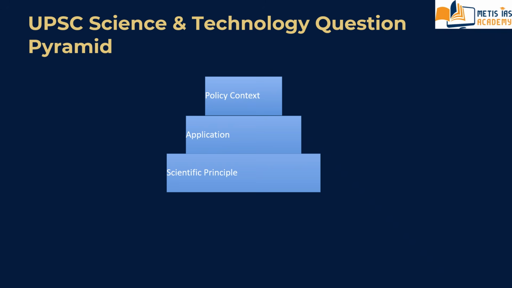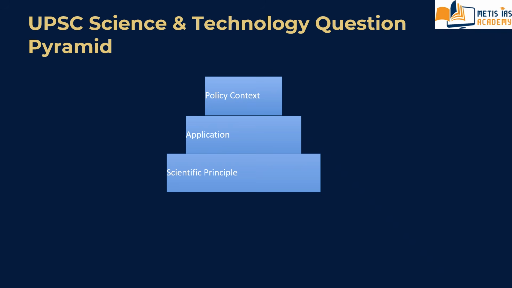Then the second one, application. For example, where is near field communication used? This is the application. Then the third one, the policy or sector context. Why are EV batteries important for the energy transition? This is the policy or sector context.